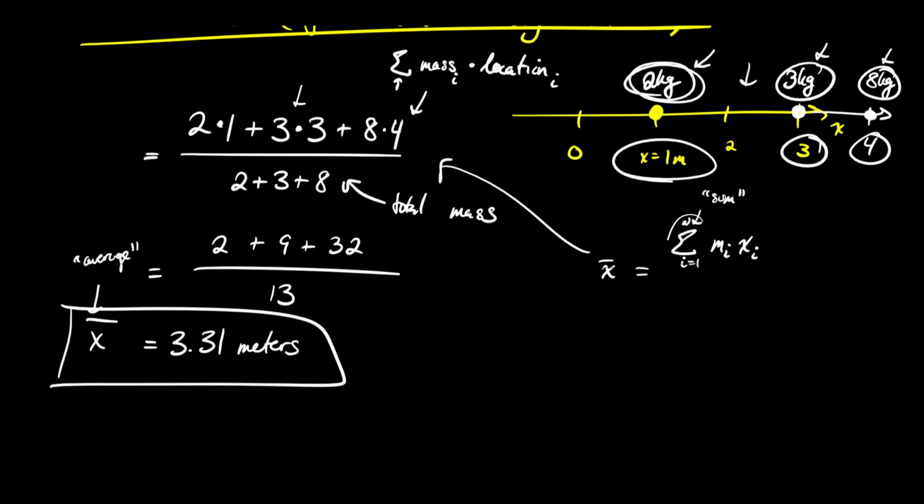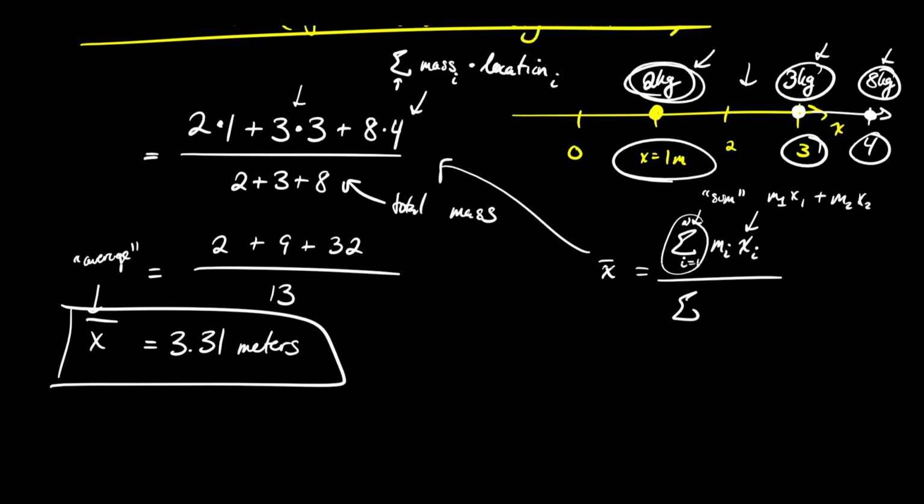Again, this symbol means you add up mass of object 1 times position of object 1, and then you add on the mass of object 2 times the position of object 2, and then you add on to however many objects there are. And at the very end, you divide by the total mass.